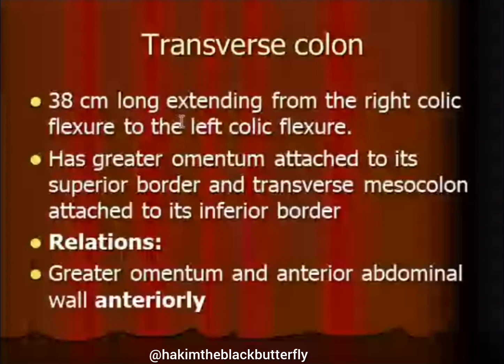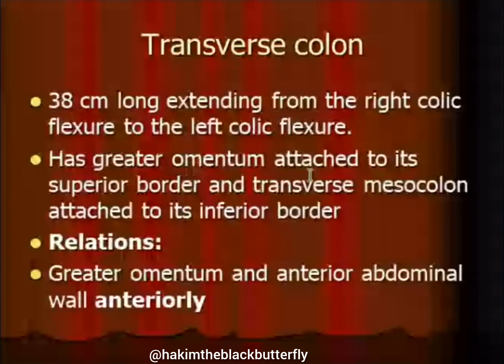So you have to lift the greater omentum to see the transverse colon. On the anterior aspect, you have the greater omentum and abdominal wall, meaning that you cannot see it when you open the abdomen. It is hiding posterior to the greater omentum, which also fuses with its mesentery.